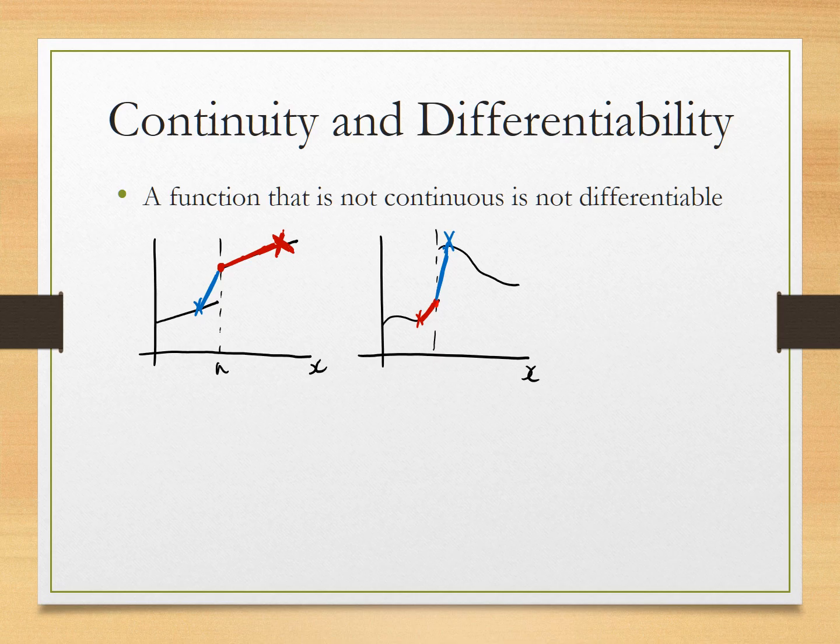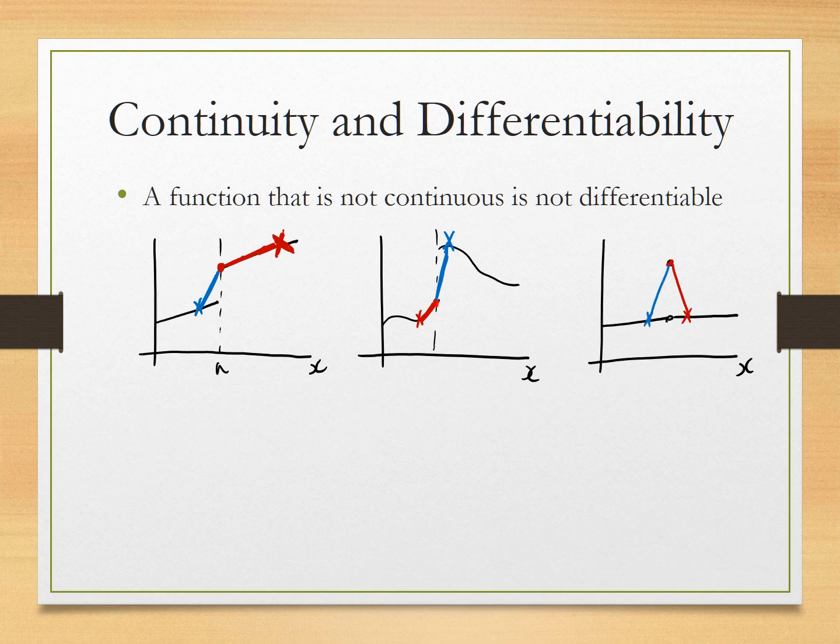So for the same reason, if you think about this line, it looks like a straight line, except at one point. How come the derivative does not exist? It does not exist because if you use this point to approximate the slope, pick a point on the right-hand side, you get a downward sloping slope. Pick a point on the left-hand side, you get an upward sloping slope.